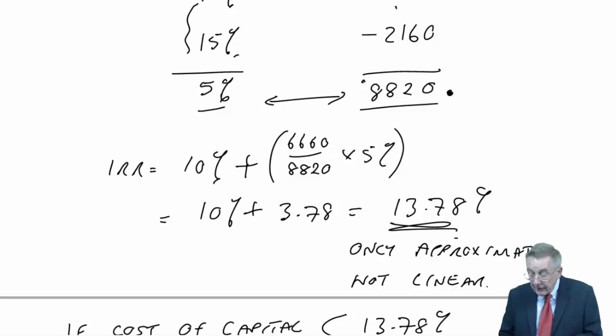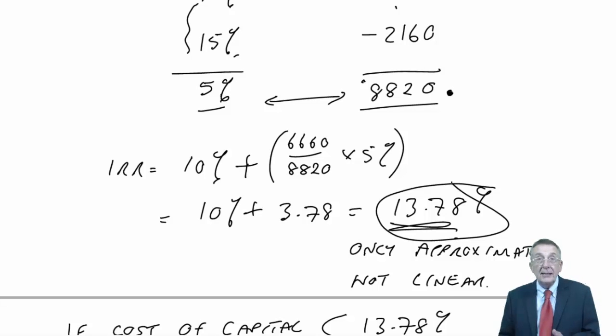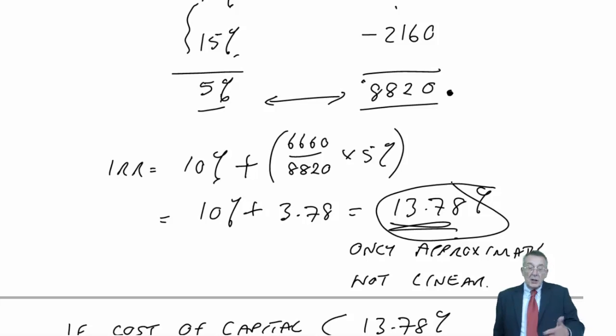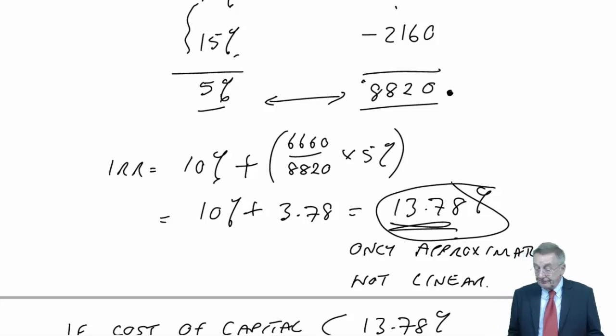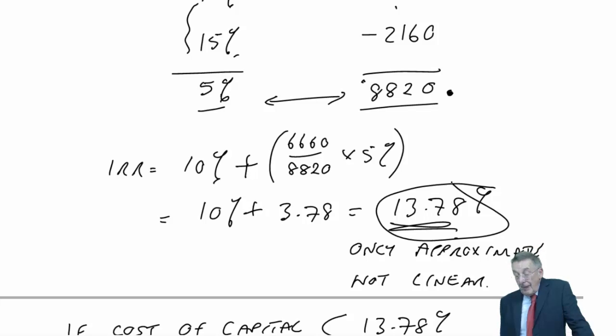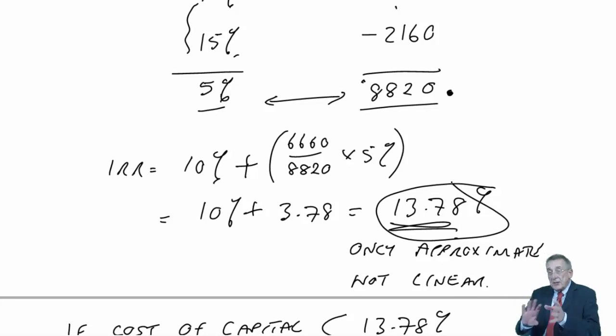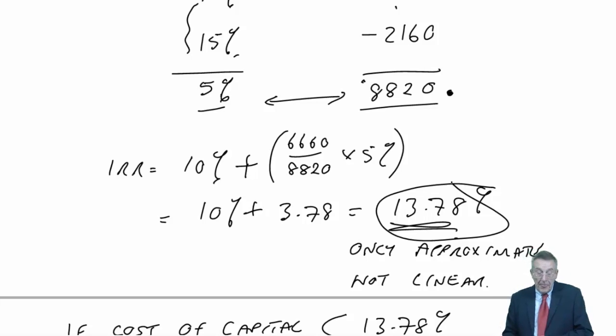Because it's not linear, the final answer may be slightly different, but it would never be a lot different. You could have guessed 8% and 16% or something. The internal rate of return would be a little bit different, but still somewhere around 14. It won't make a big difference.